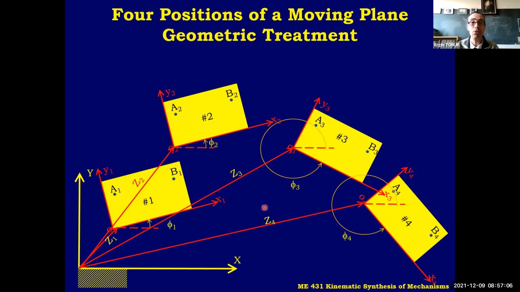Once you define the 4 positions uniquely, switching from one to the other is just a matter of mathematics. So we will utilize both representations, but in geometric treatment, as I said, we would use the homologous points.